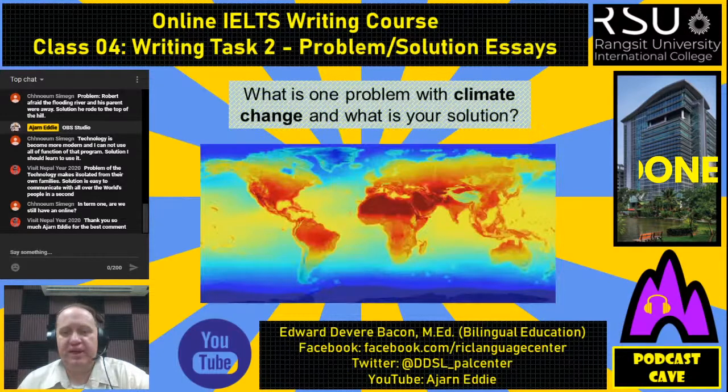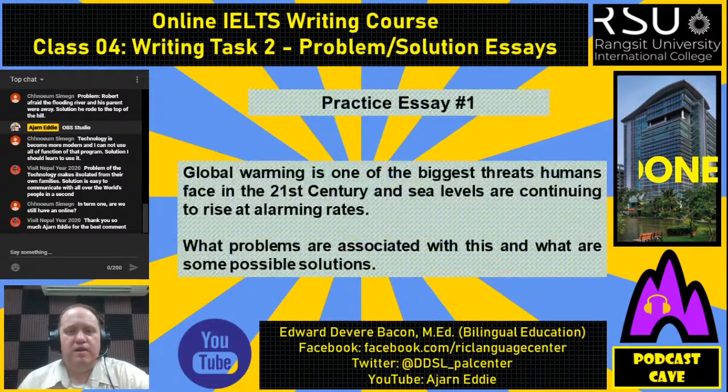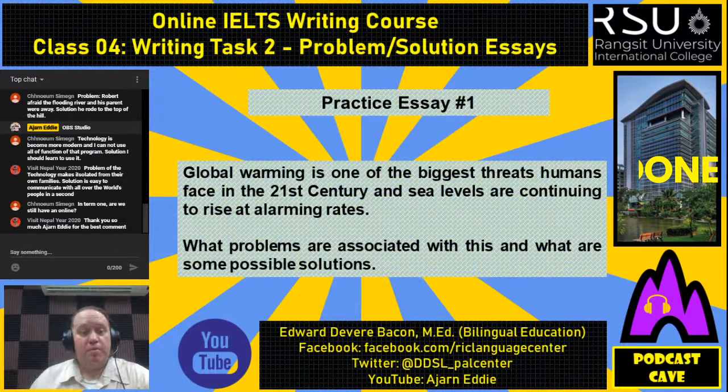So again, what I stated before was that generally speaking, for the most part, you expect to have an opinion essay for task 2. But again, sometimes there'll be a problem solution or advantage, disadvantage, and we'll cover that next week.